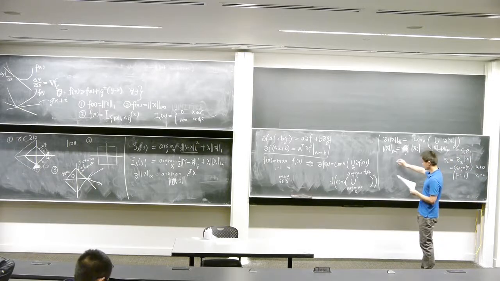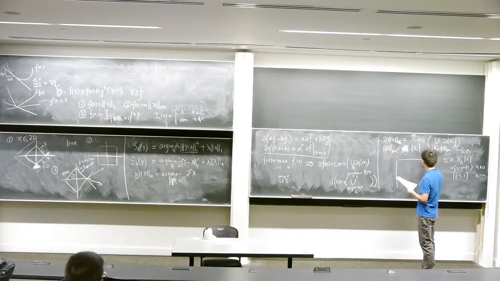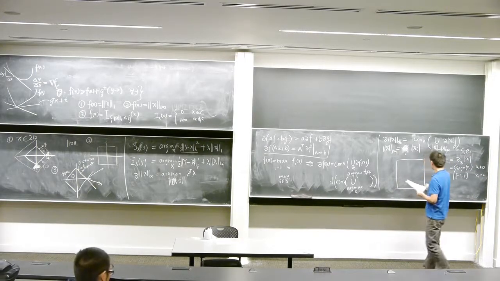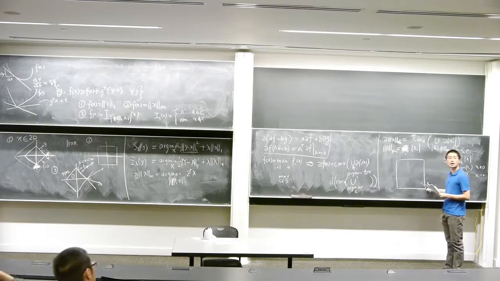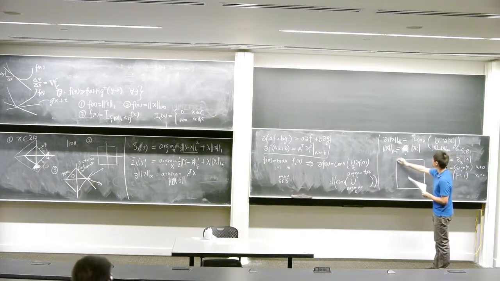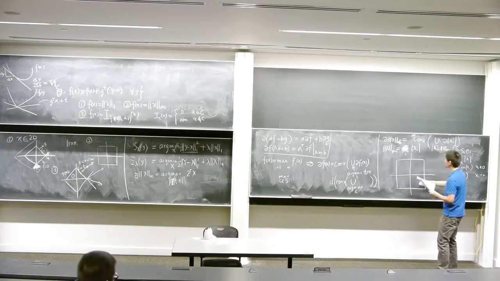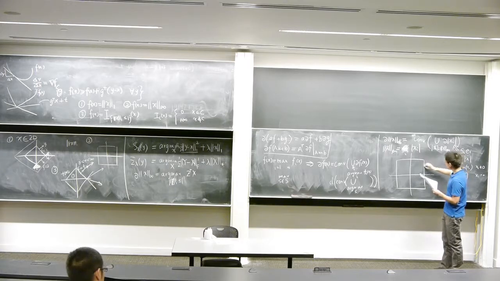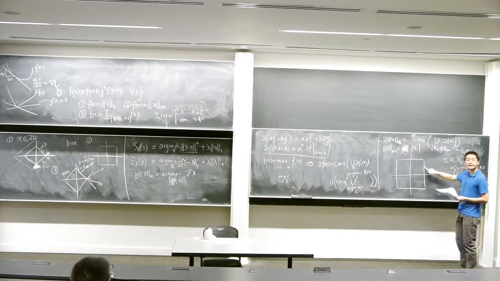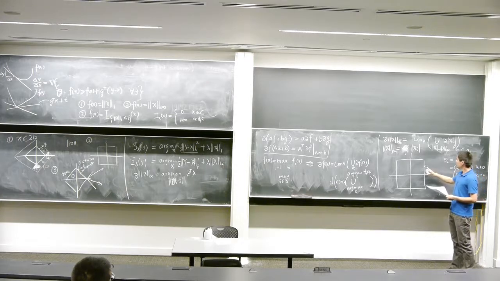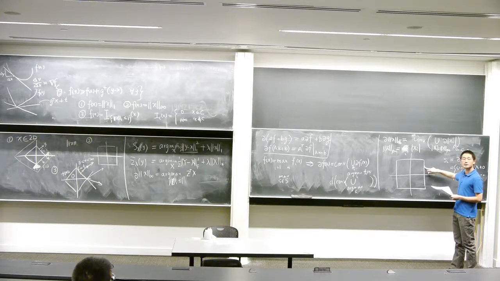If we visualize what we are getting, this is our infinity norm. This is my x1, this is my x2. If I have x that rests here, then the index that reaches the maximum value is the first index.